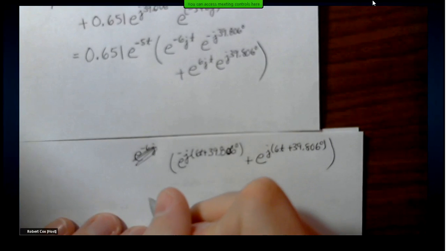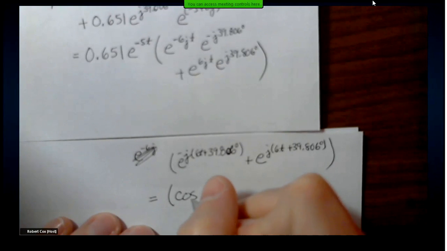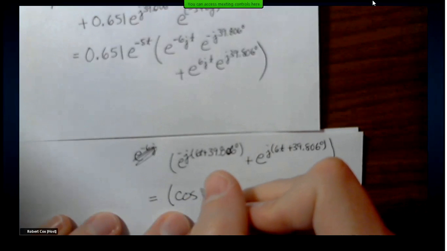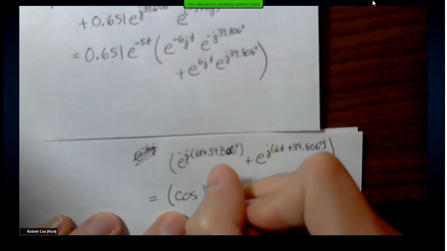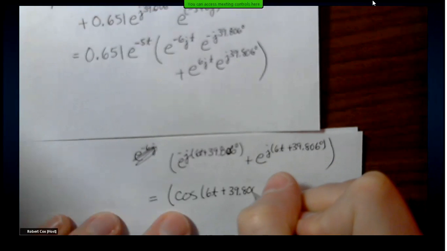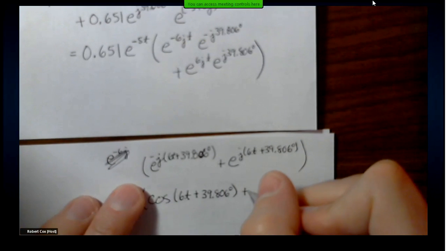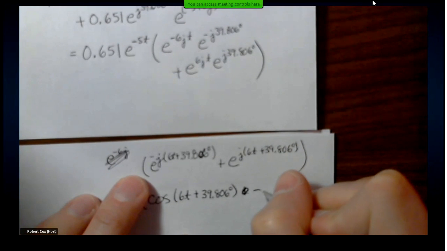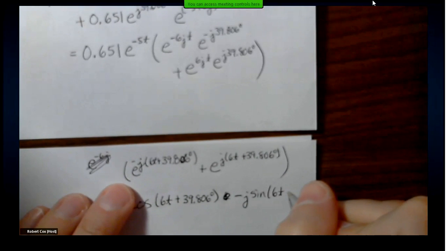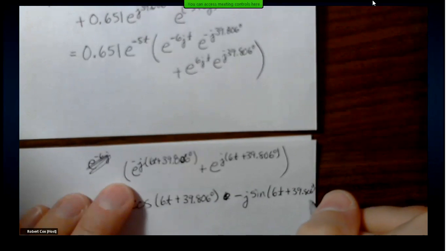We'd use Euler's identity on that thing. So that tells me cosine of a negative angle, the negative doesn't matter, right? So it becomes cosine 6t plus 39.806 degrees. Now minus j, when I put that in the sine term, becomes minus j sine 6t plus 39.806 degrees.